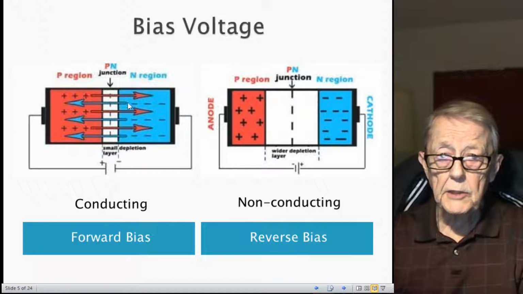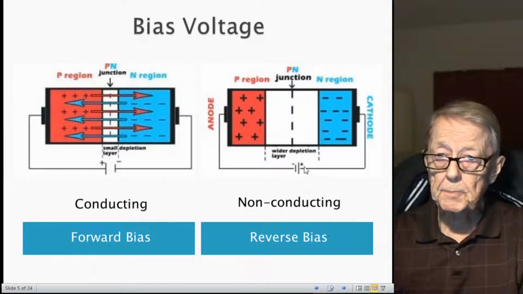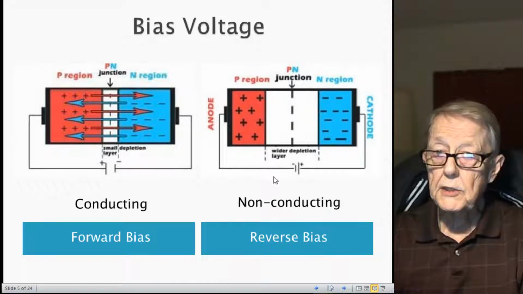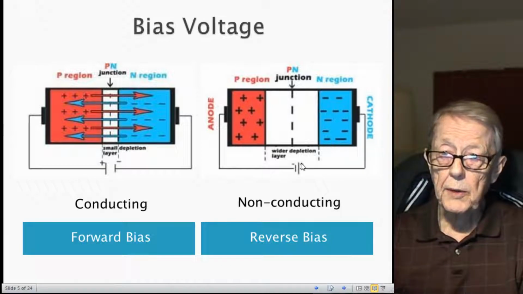Okay, this is what I just explained, but there's also the reverse bias. In this case, the battery is twisted around, with the negative end connected to the P region, positive end to the N region.